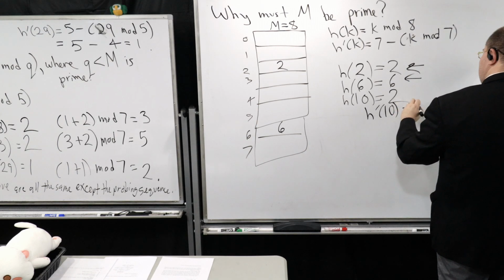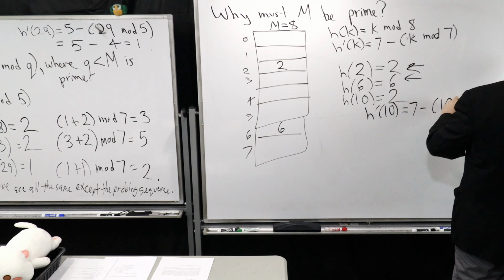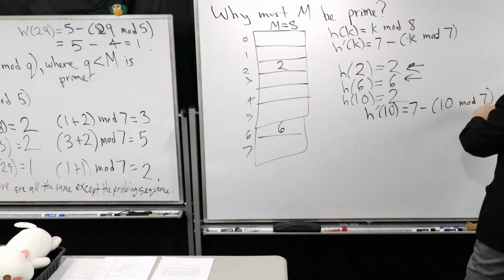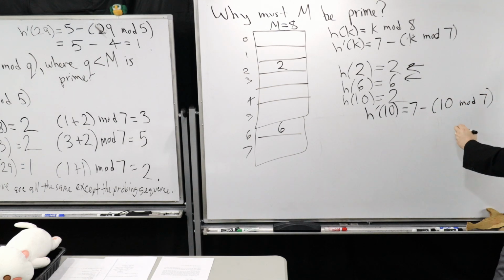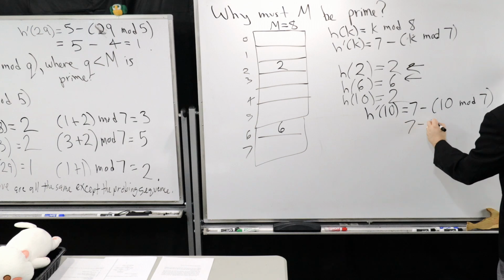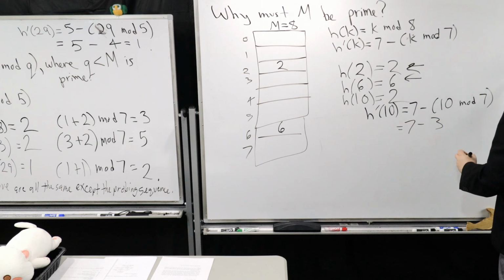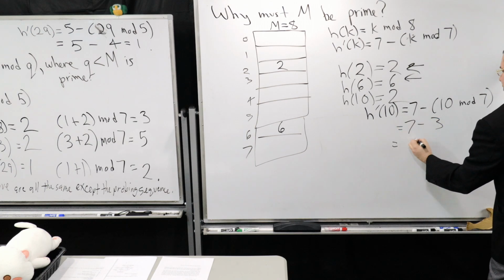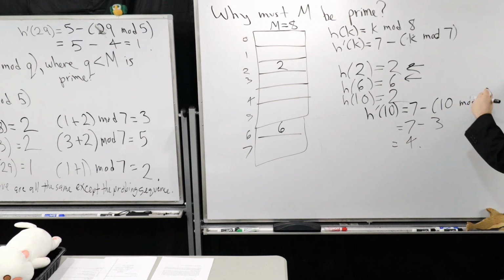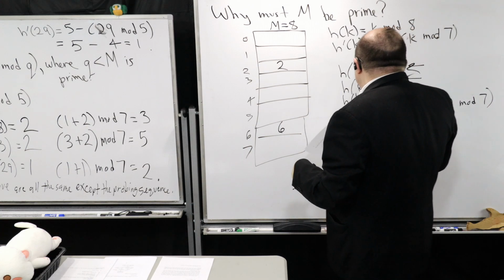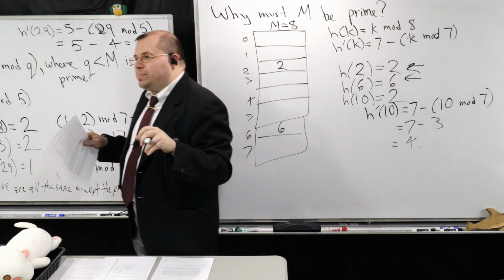So I compute 7 minus 10 mod 7. This should be 3. So I have 7 minus 3, which is equal to 4. So my hops are all going to be of size 4.